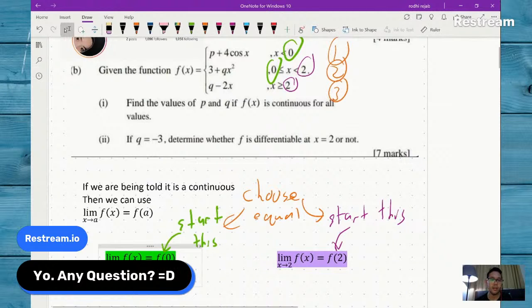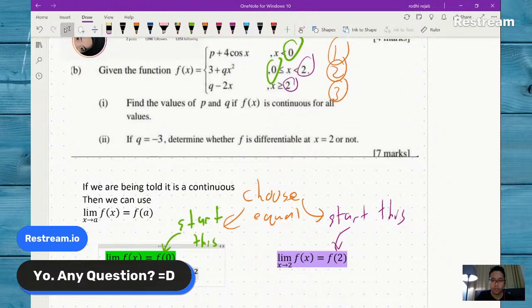And for the left hand side, you choose the one that is the opposite. So the left hand side, x approaching 0, p plus 4 cos x.